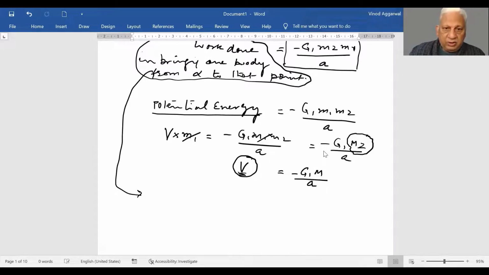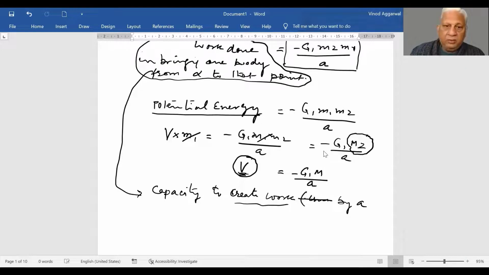What is potential? Potential is the capacity to do work, and this is to be done by a unit mass.